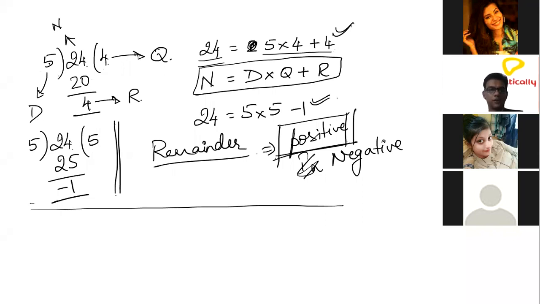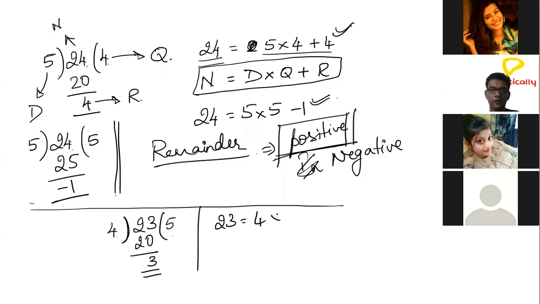Okay. So Shiva, always remember. Tell me this, Shiva. If you are dividing, let's say, 23 by 4, can you tell me what remainder you get? 3. Right. So you say 4 fives are 20 and you get a remainder of 3, correct? So which means you can say 23 is 4 into 5 plus 3.